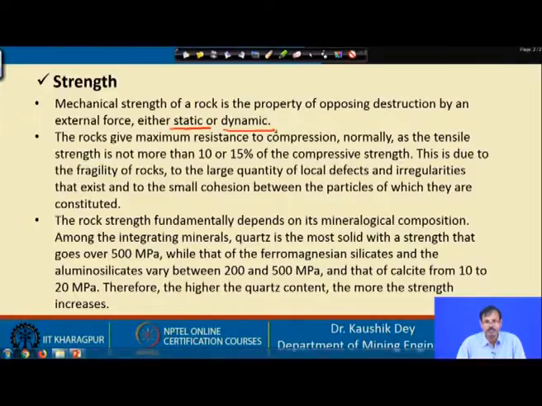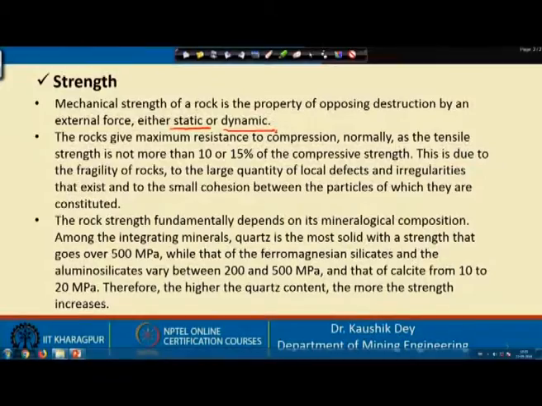If a specimen is pulled apart, the strength required will be minimum, but if we try to break it by compressing it from two ends, the resistance will be maximum.